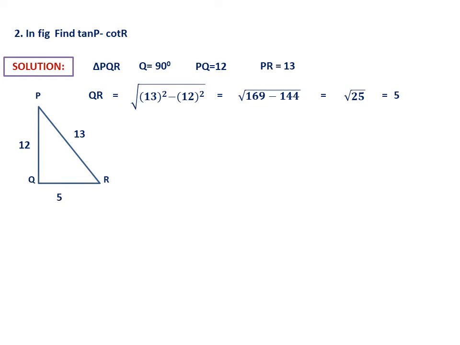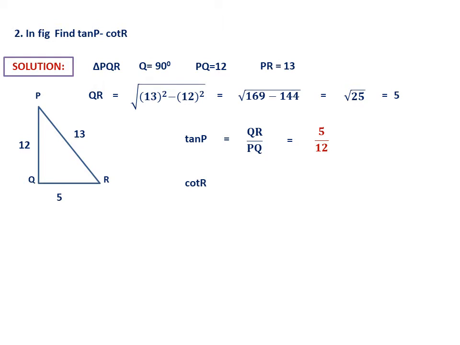Therefore now we can find both tan P and cot R. Let us find tan P. What is the definition? Tan P will be equal to, P angle opposite side is QR, therefore it is QR divided by PQ. So that will be equal to 5 by 12.